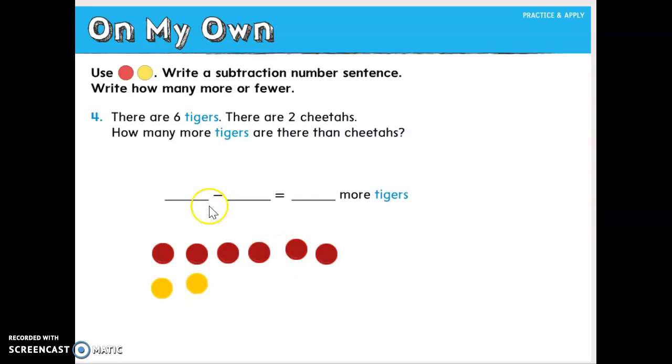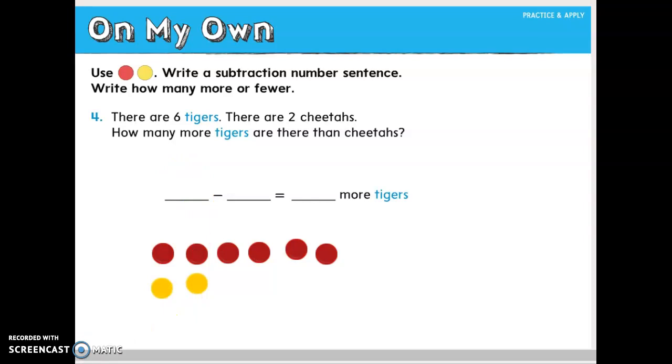All right, and then it asks us how many more tigers are there than cheetahs. So we've got our number here. We're going to get a writing tool. We're going to write the number 6 right here. Take away the number of cheetahs, which is 2. And we have 4 more tigers than we do cheetahs.